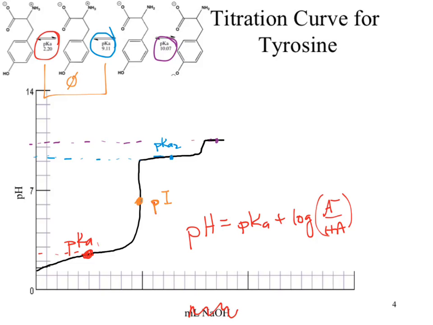Yes, but that goes back to the structures, and so you just have to use that equation. So it's not using a titration curve on its own. It's using the titration curve and the structure or charge to interpret your PI.